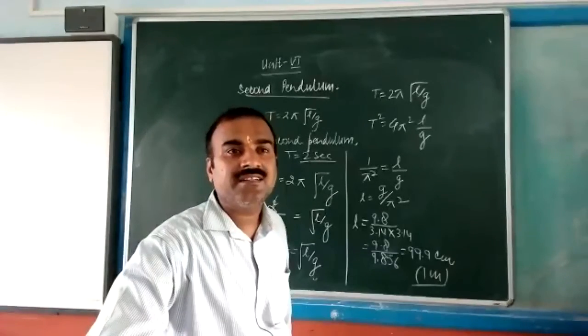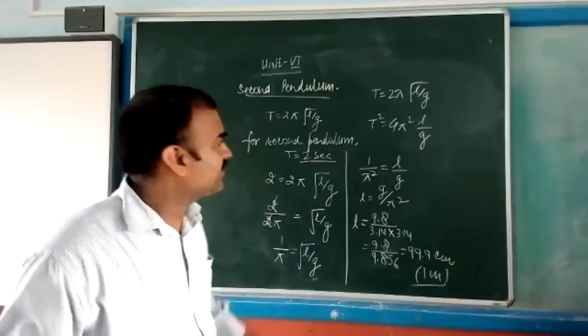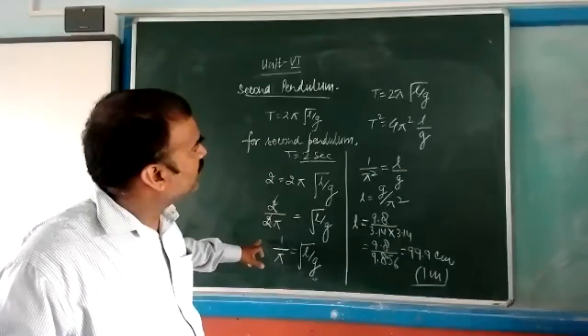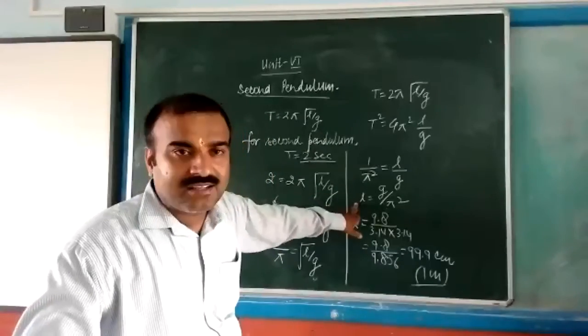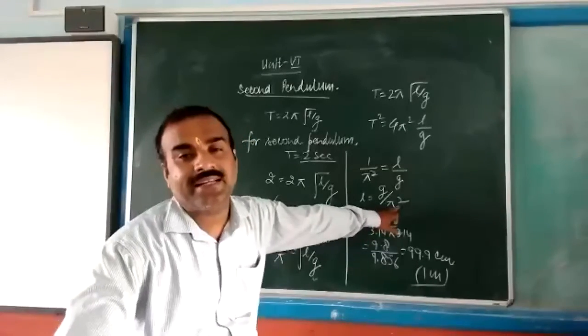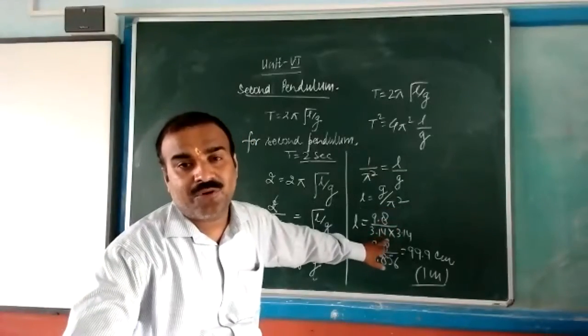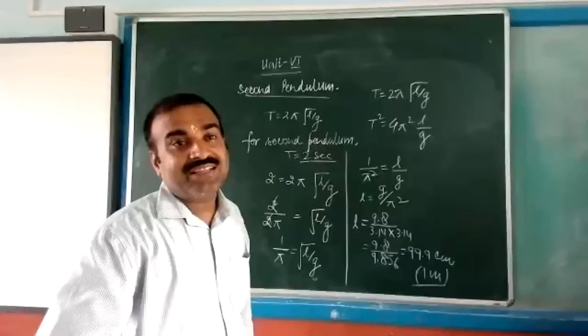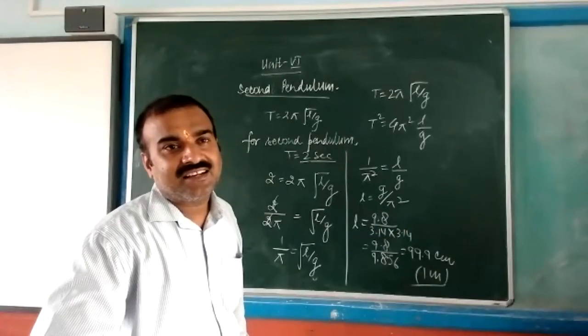Sir, what have you written after L is equal to? After L, that equals 9.8 upon 3.14 into 3.14. Understand? Sir, 2 times 3.14?